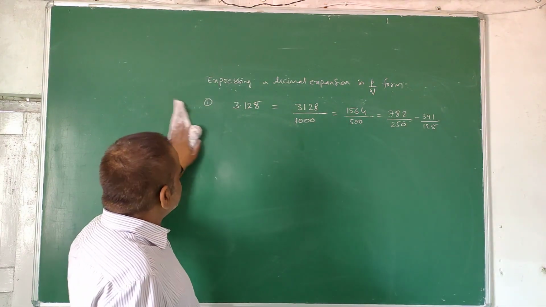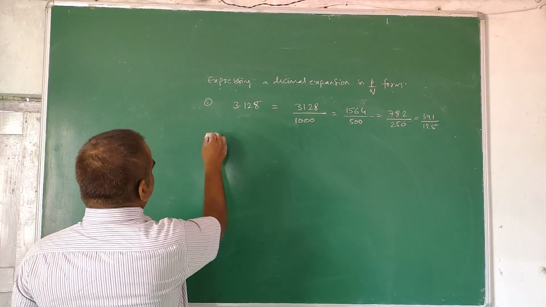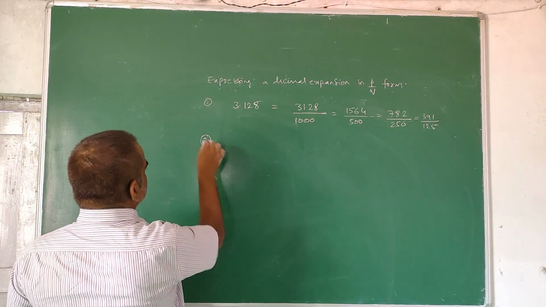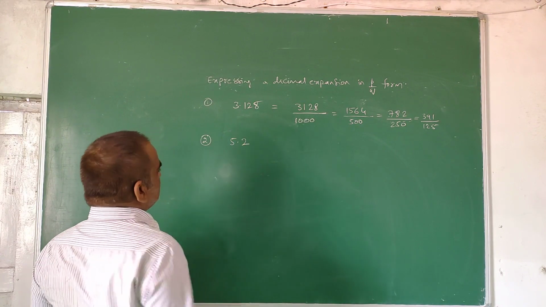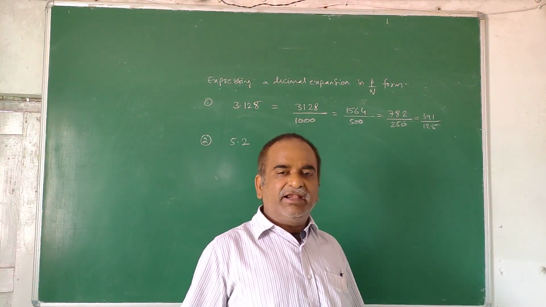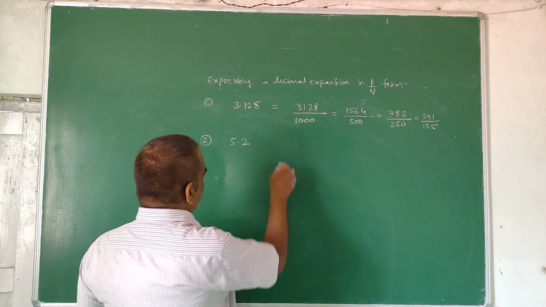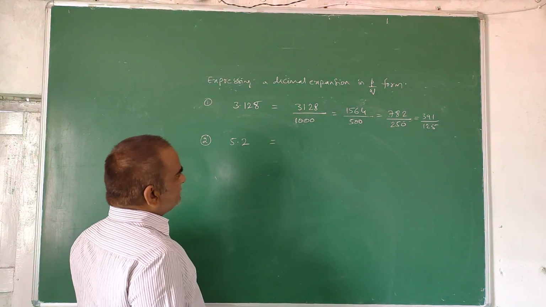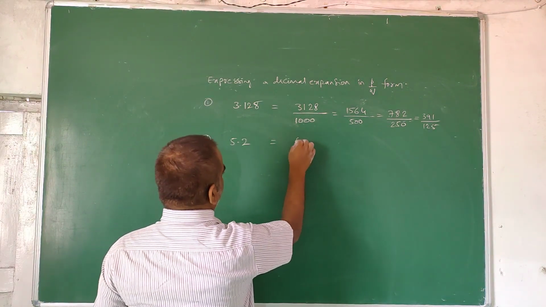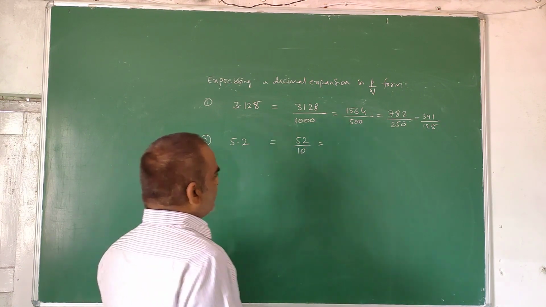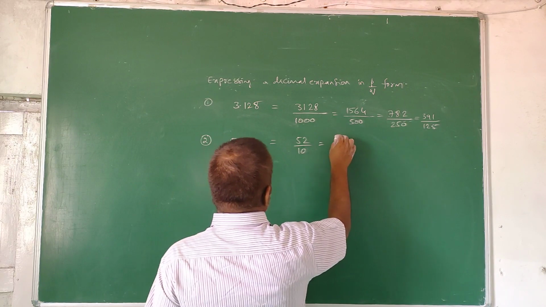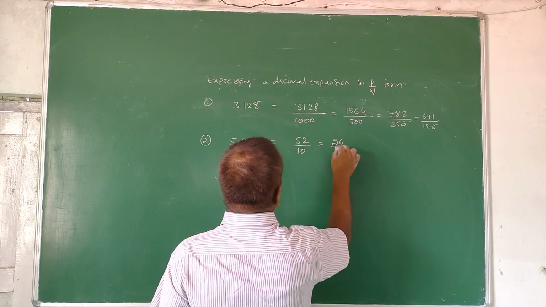So now take another terminating decimal, 5.2. Another terminating decimal I took. So how do you express this in P by Q form? Take 52 by 10. If you go for cancellation, 2 26s are 52, 2 5s are 10.